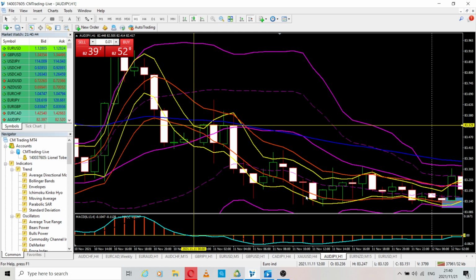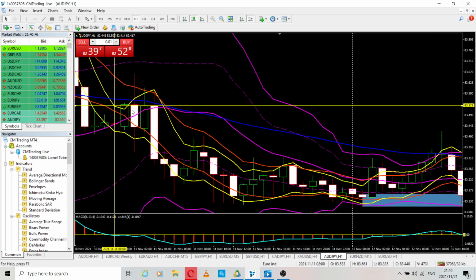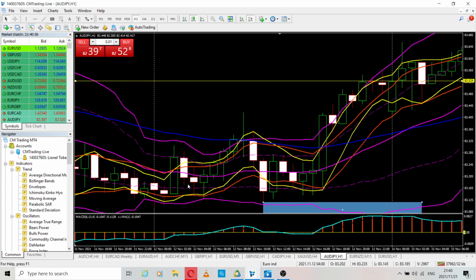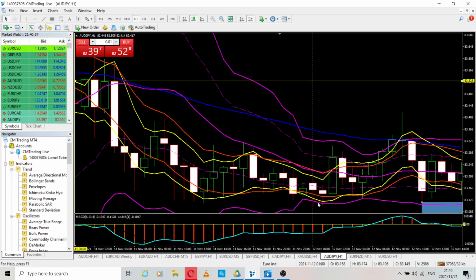So the market is still going down, so we are still looking for that extreme. We wait until the market comes down and gives us an extreme there. This one is not an extreme because the following candle is not green or bullish.